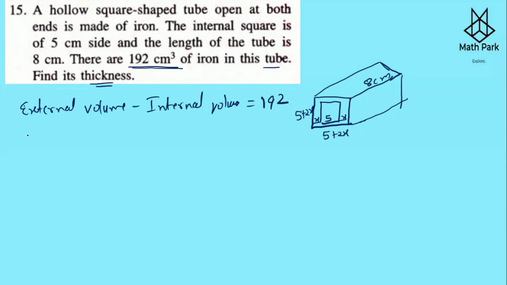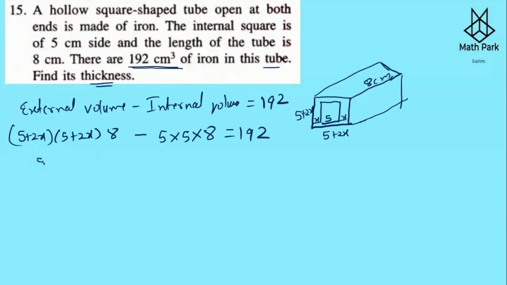Now, what are the external dimensions? So, external dimensions are 5 plus 2x into 5 plus 2x into 8. Length, breadth, and let us take this 8 as height, minus the internal dimensions 5 times 5 times 8, and which is given as 192.